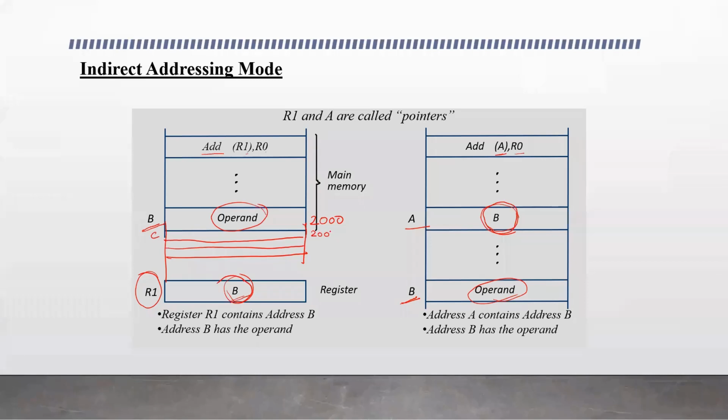This addressing again depends on the number of bytes in each word. Some memories are byte addressed and some are word addressed. If it is word addressed, the next word will have the next address 2001, and the next word will have the address 2002.